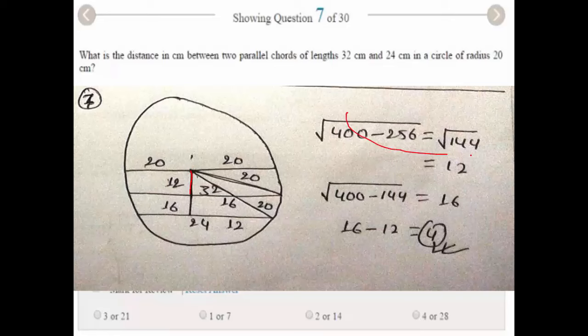And the value from here to here, meaning in this triangle, the value of this is 12 and the value of this is 20, and we got 16. Okay, so the difference between the two chords is 16 minus 4, which means 4 centimeter is the answer.